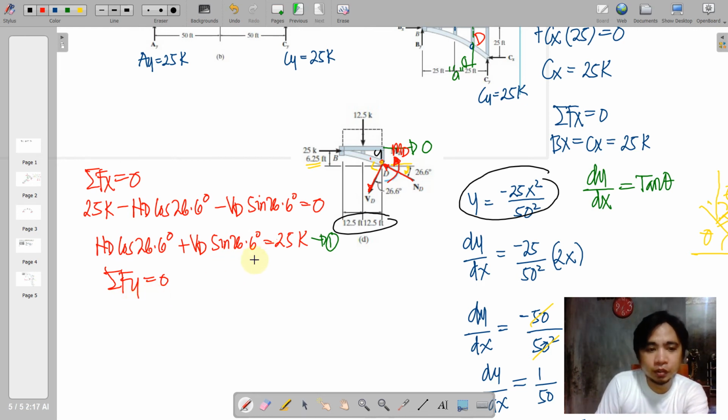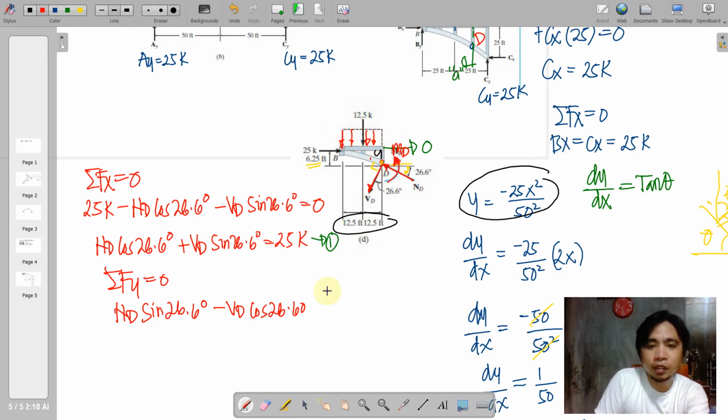So on the vertical summation, starting with the normal at D, so where's the normal at D? So here it is. Normal at D on the vertical will be upwards, and the component is opposite the angle 26.6 degrees. And then VD here is going downwards with the component adjacent to the reference angle. So we're going to use cosine 26.6 degrees here as a multiplier, and then this distributed load here, okay?